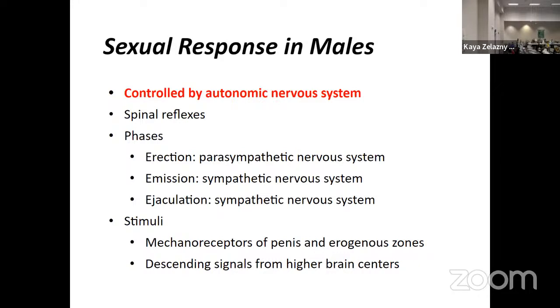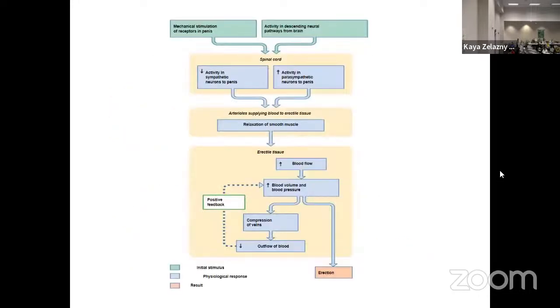So there's this complicated network of nerves and thoughts and integration going on. So we're going to have descending signals coming back down from the higher brain centers, putting together all this information, as well as data input from the mechanoreceptors locally themselves.